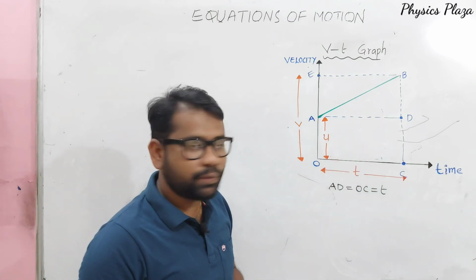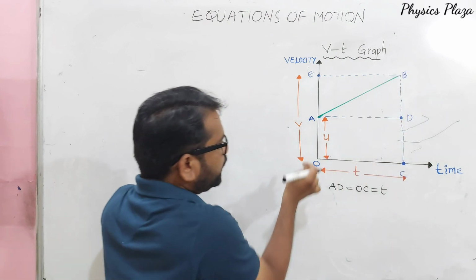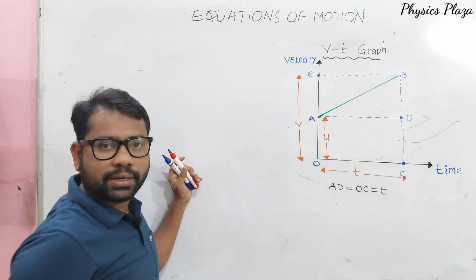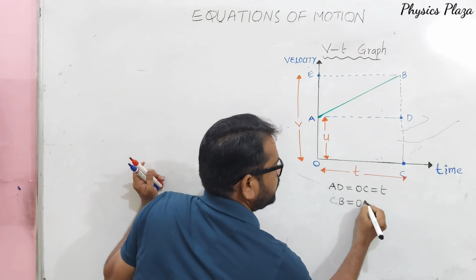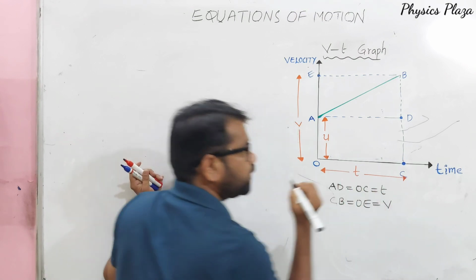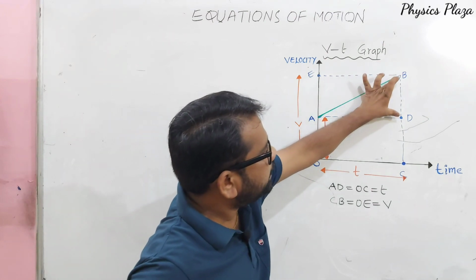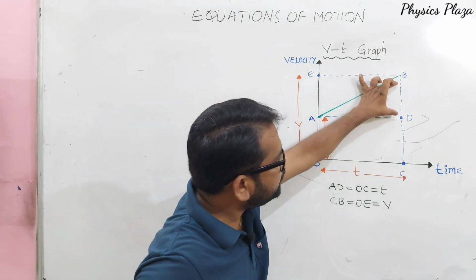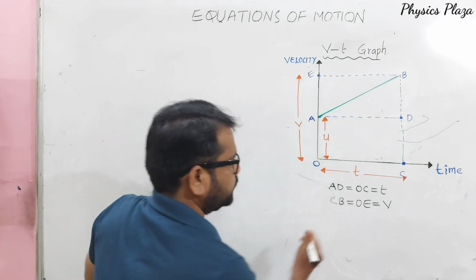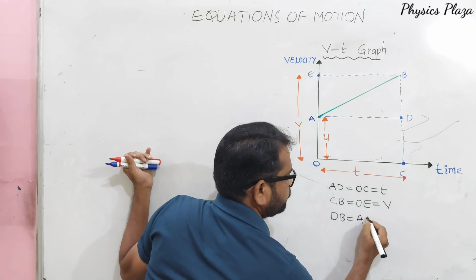And at the same time, CB is equal to OE, which represents the final velocity. Am I right? Yes. And DB is equal to AE. It's very, very important. DB is equal to AE.